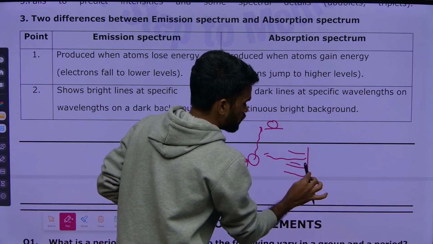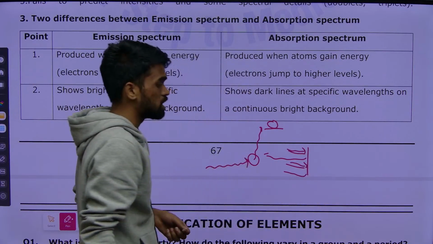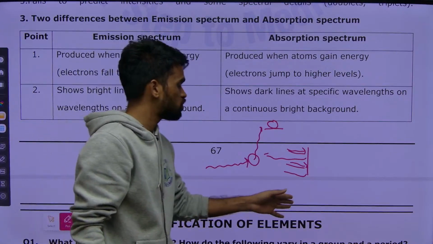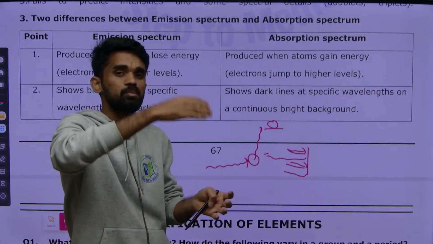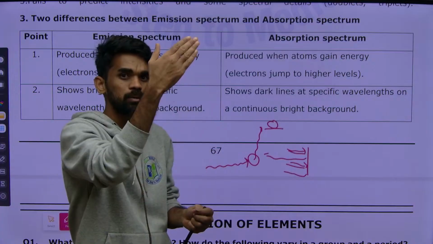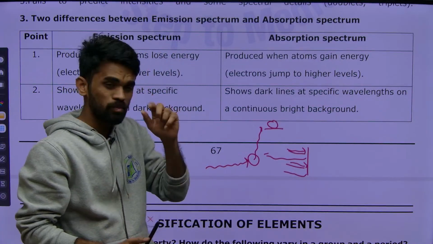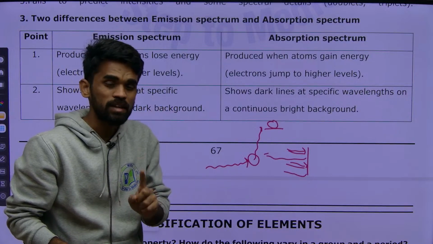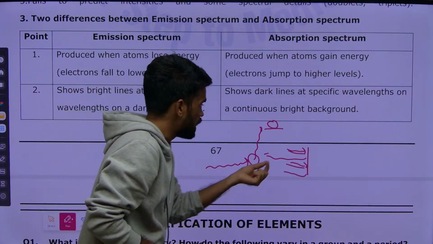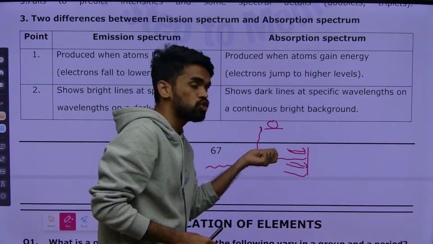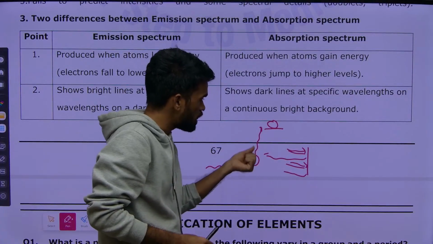On this photographic plate you will see complete brightness, but you might have some missing lines, some dark lines. Why are those dark lines formed? Because at the dark line, whatever light should fall there is already absorbed by the atom.